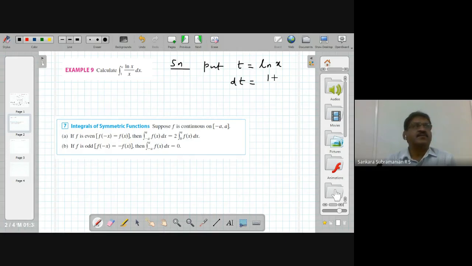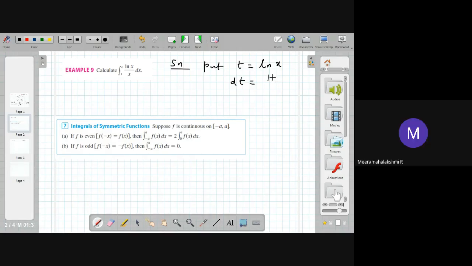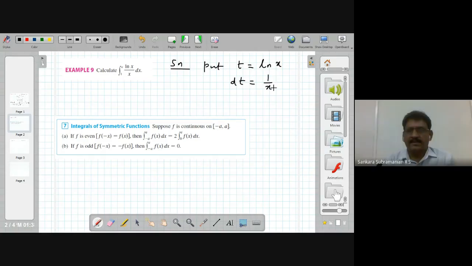What is the differentiation of log of x? It is 1 by x, into the differentiation of x, which is dx. So this is your substitution, right? dt equal to 1 by x dx.